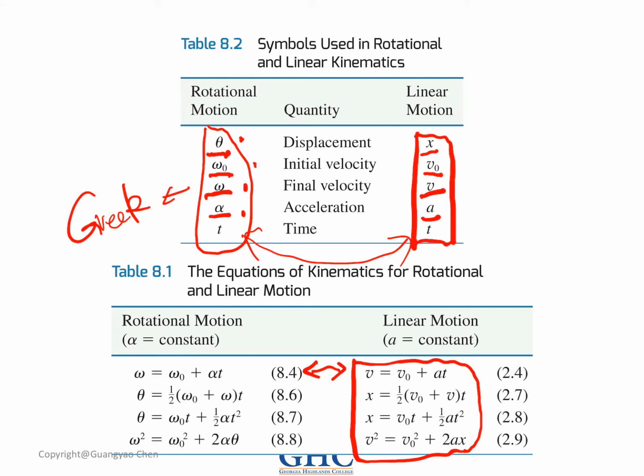So final angular velocity equals initial angular velocity plus angular acceleration times t, corresponding to the first equation. Same thing here. It's a one-to-one mapping. So if you have no trouble solving equations here, you should be good on this one too.